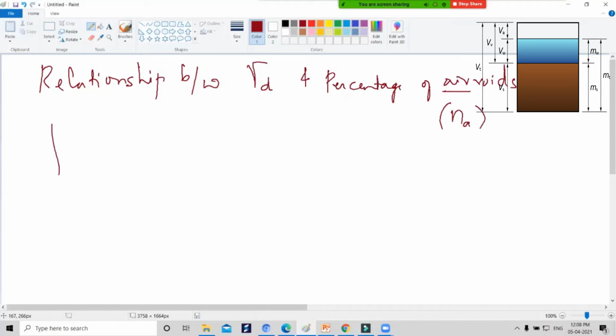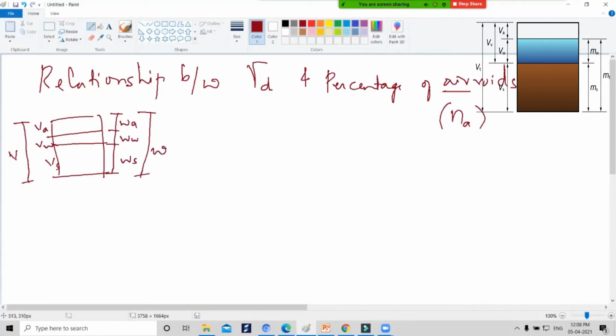Everyone, hope you have remembered this three-phase diagram. This we will call Vs, this is Vw and Va. Completely I'll be calling it the total volume, Vt. This is your Wa, Ww, and this is Ws.